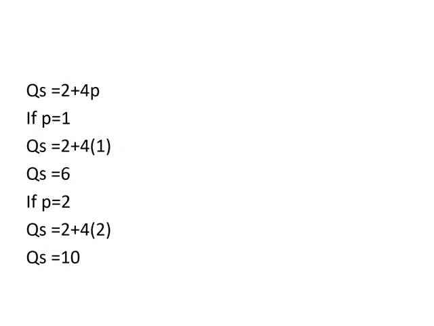Again, I'm going to have the same idea on QS. QS equals 2 plus 4P. Again, an assumption. If P equals 1, QS equals 2 plus 4 times 1. So the result, QS equals 6. What would happen if the price increases, and instead of 1 it became 2?